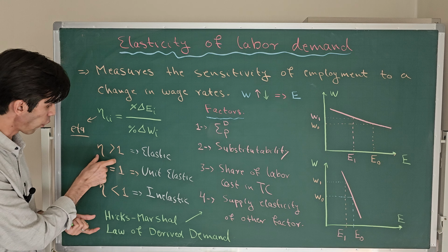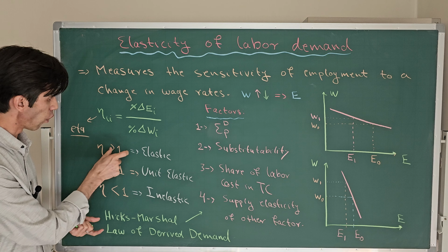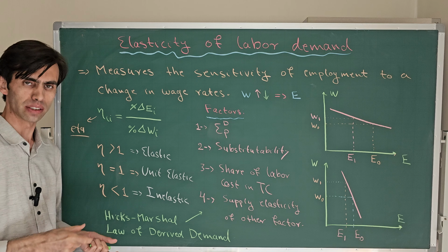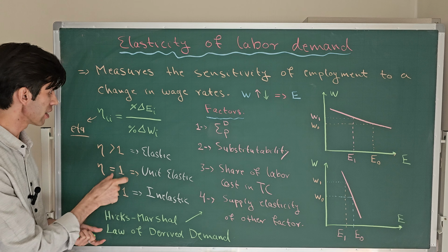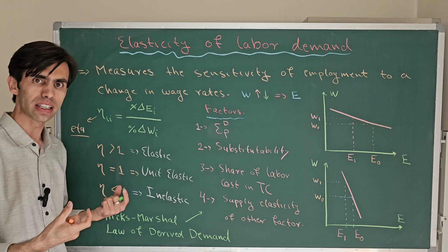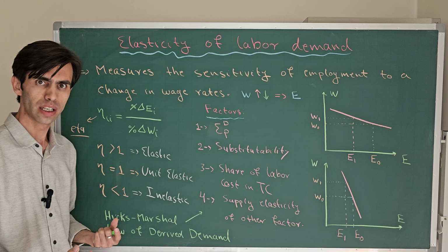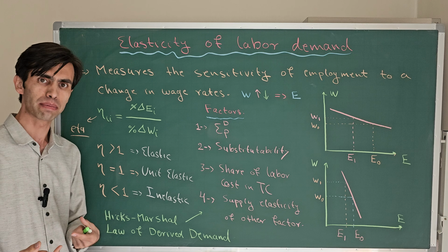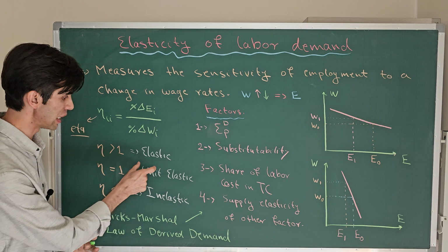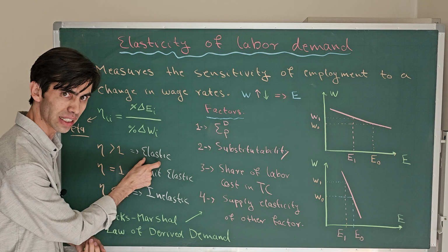For example, when the wage rate increases by 10%, but the employment level decreases by, for example, 15%, then 15% over 10% will be 1.5. So it is greater than 1, it's elastic.